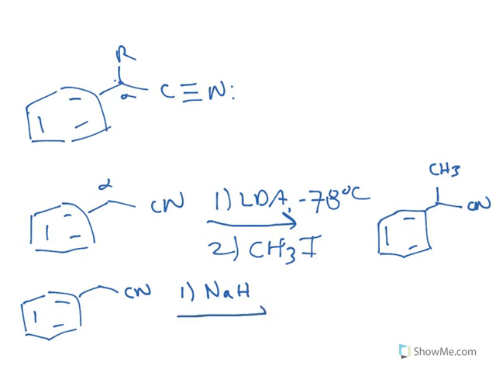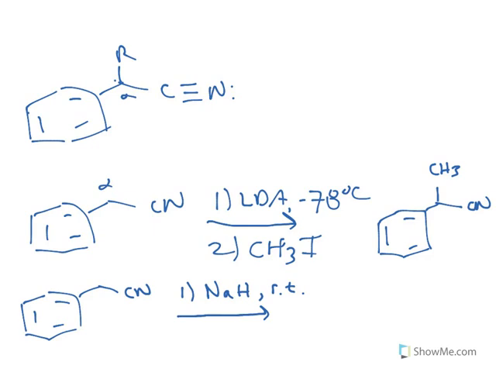However, we're going to do this not at negative 78, but we're going to do it at room temperature. So now we're going to have enough thermal energy to get over an activation energy barrier and have thermodynamic conditions.